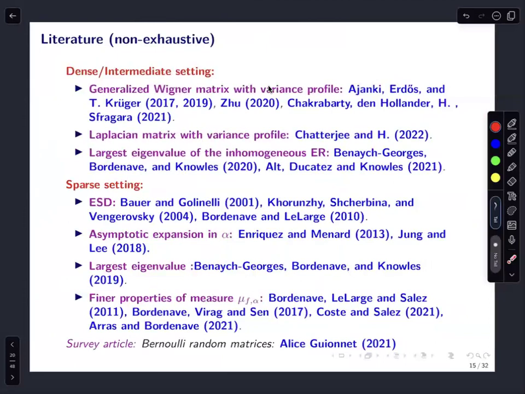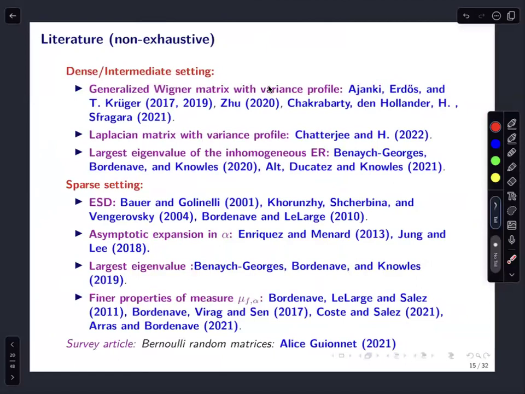As I said, the biggest credit, in my opinion, goes to these two physicists, Bauer and Golinelli, because they had some fantastic approximations and results, and also the simulations which initiated this study. Then there is this paper, which we'll refer to later today, by Korunzi, Shervina, and Vengrovsky in 2004.